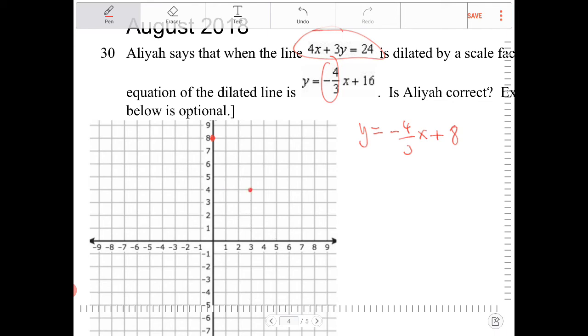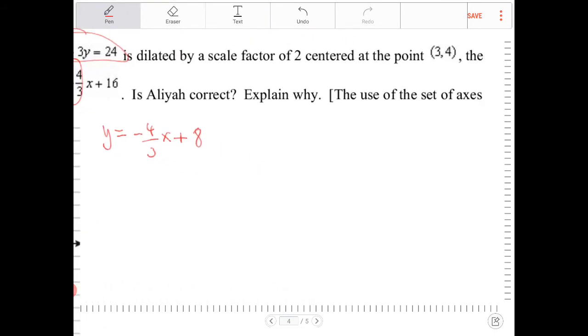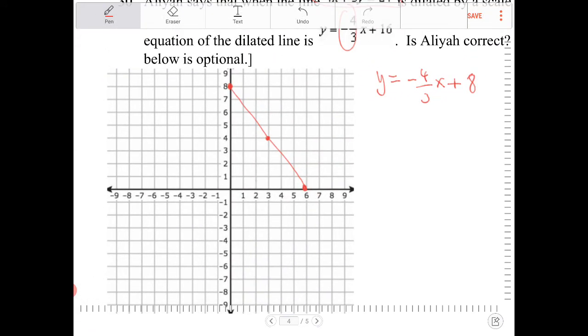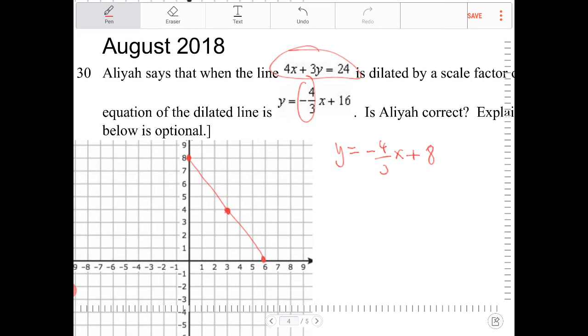I have this. And because I am dilating this over (3, 4), which is on the line itself, this will be no different. The dilation will be no different from the original. Okay, so Aliyah is actually wrong.